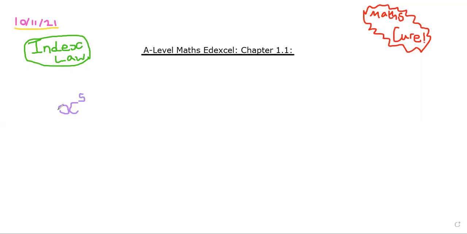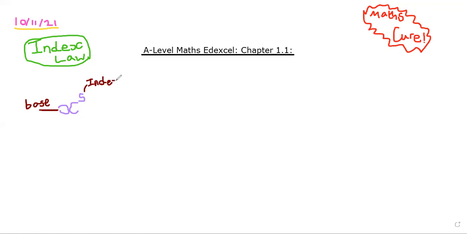The x, the number, is called the base. And then the power has a special name as well, and that is called the index. It's also called the power or the exponent, but one of its names is the index, and that's why we call them index laws.